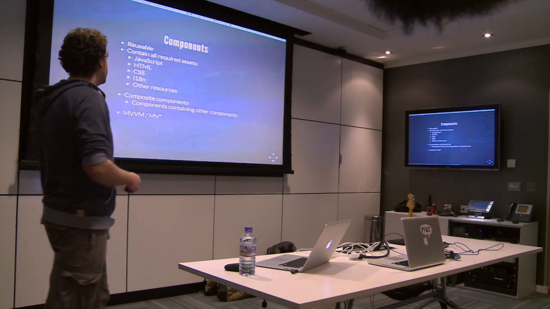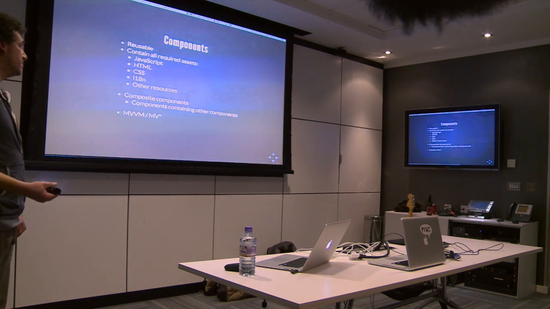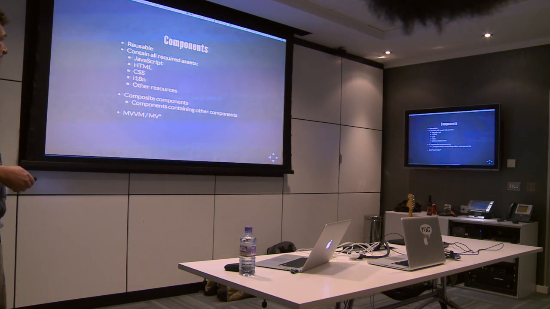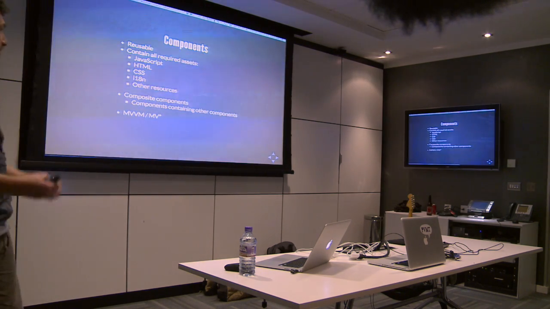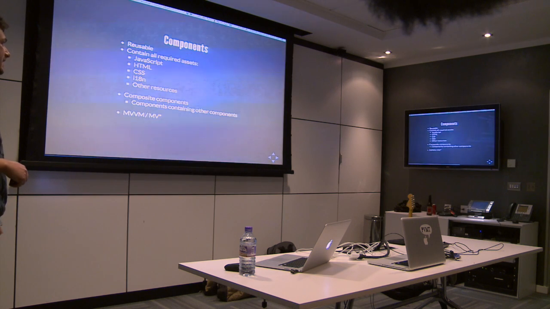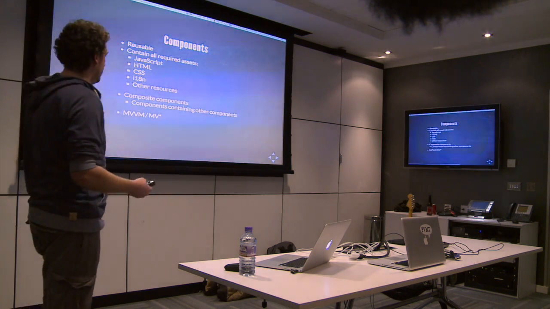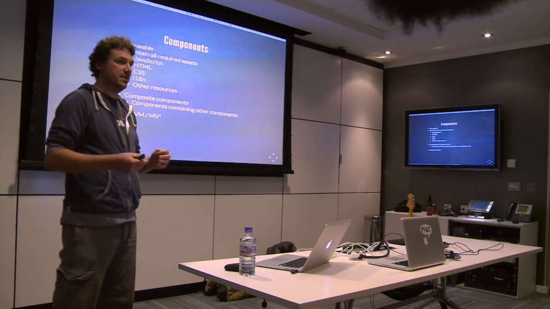Okay. So as I said, components are this idea of reusable things. They contain all their assets associated with them. You can build up more complex components by composition, by using other components within it. And then using something like MVVM obviously allows you to have this separation of concerns. So you've just got this view.